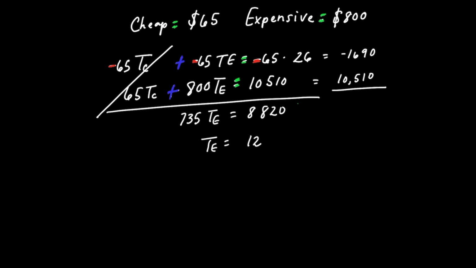Then we divide both sides by 735 and we end up with 12 of the expensive tickets. Since the expensive tickets plus the number of cheap tickets is 26, we can figure out the number of cheap tickets, which would be 26 minus 12.